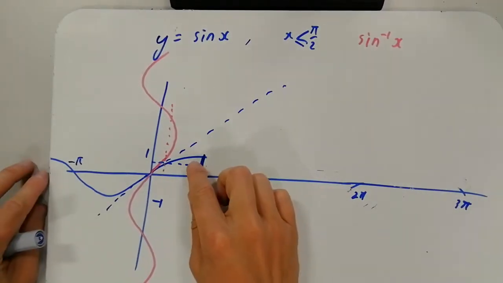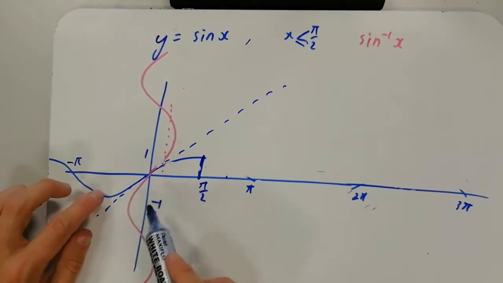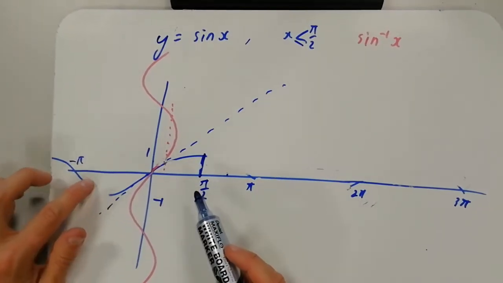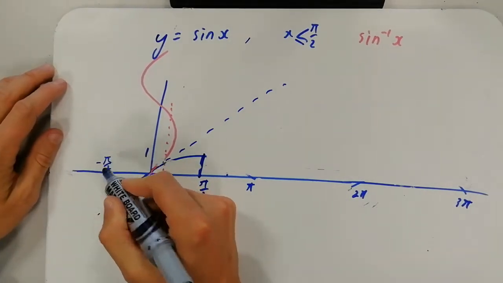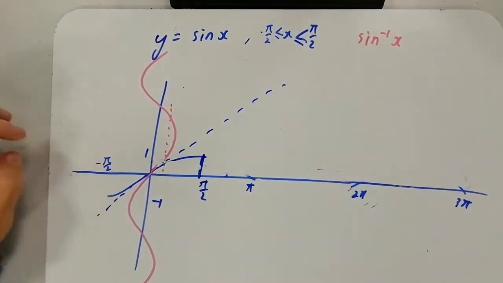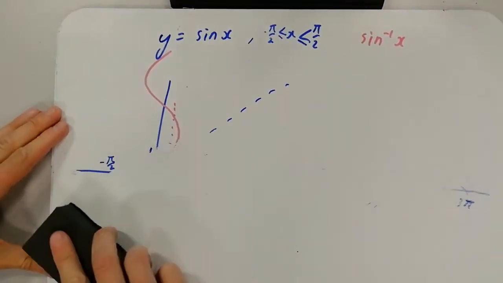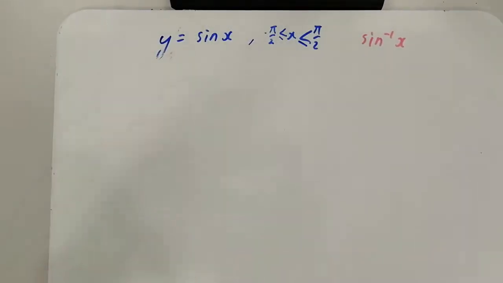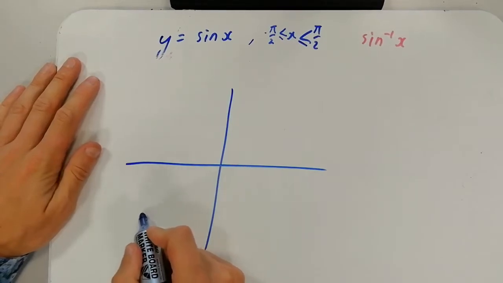I want to be able to invert every single value. Similarly, I want to be able to get all the negative values, but then I don't need to go beyond minus pi over 2. After that, I just get more duplication. So let's just clear this up so that we can see it a bit clearer. I've restricted sine x to just these values.